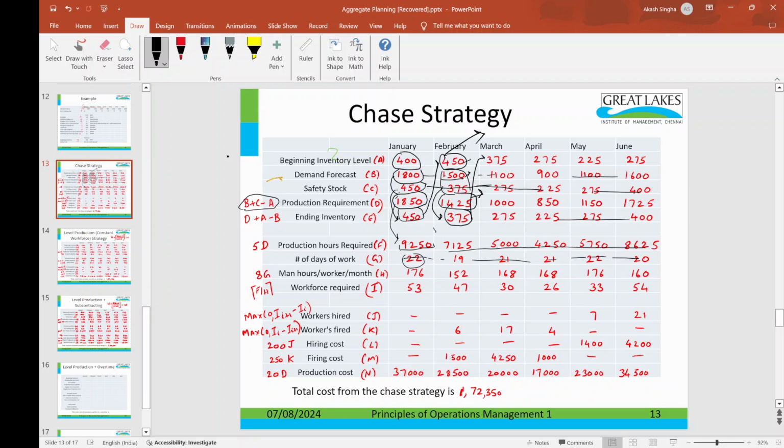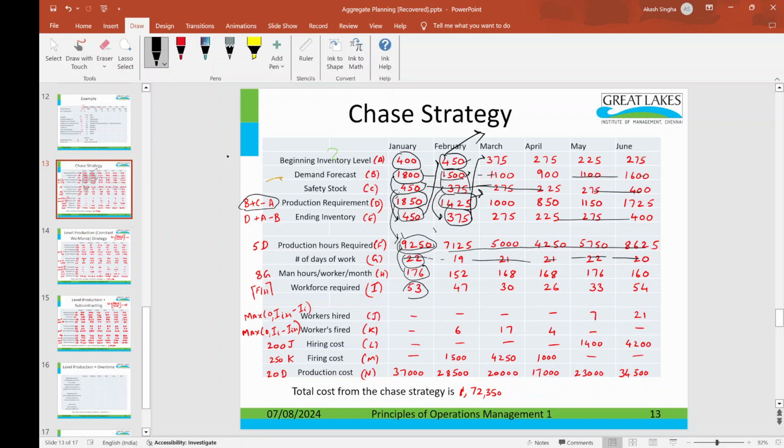So a single employee will do 176 hours of labor. Now 9250 hours are needed to produce this much and 176 hours is done by one single person. So how many people would be needed? Just divide 9250 by 176, right? And if it is a decimal value, just take the upper ceiling because we need whole people, right? If it is less, then there will be some issue.